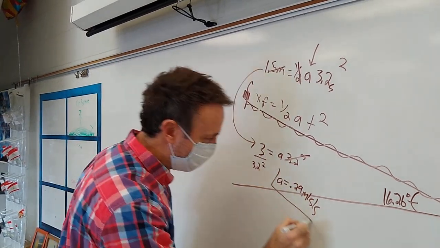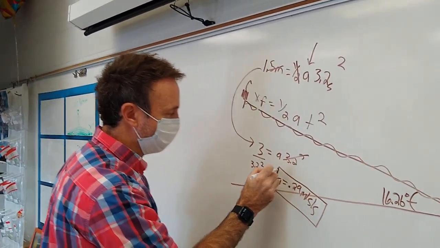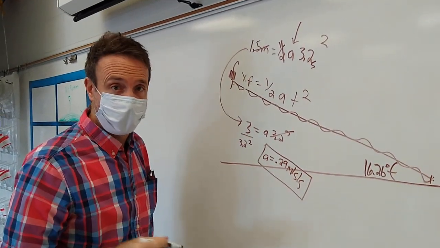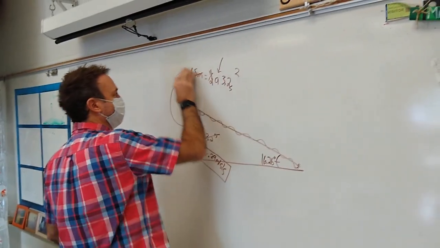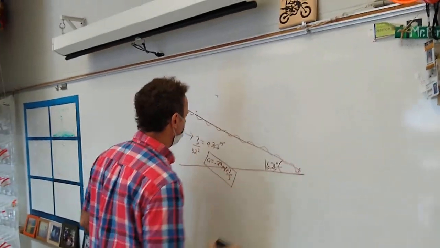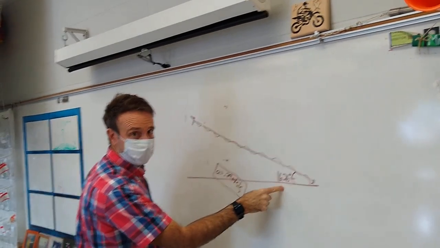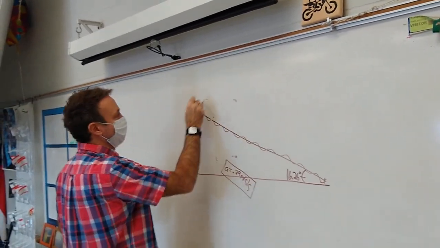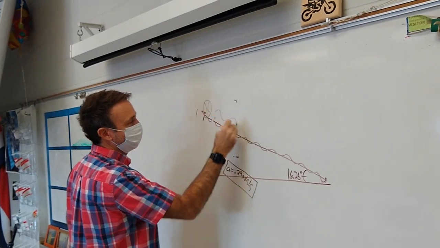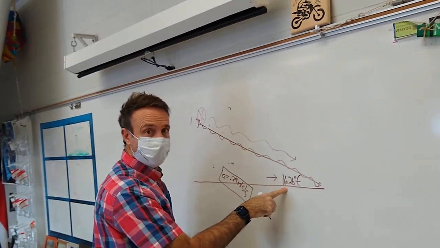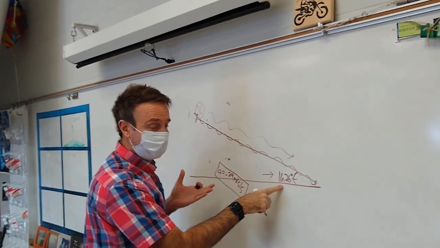And that is much, much lower than the frictionless tennis ball, right? Let's think about this. The frictionless tennis ball, when it rolled down the ramp had a 16.26 degree angle. So the frictionless tennis ball, it just rolled down the ramp with the sine of 16 times 9.8, right?